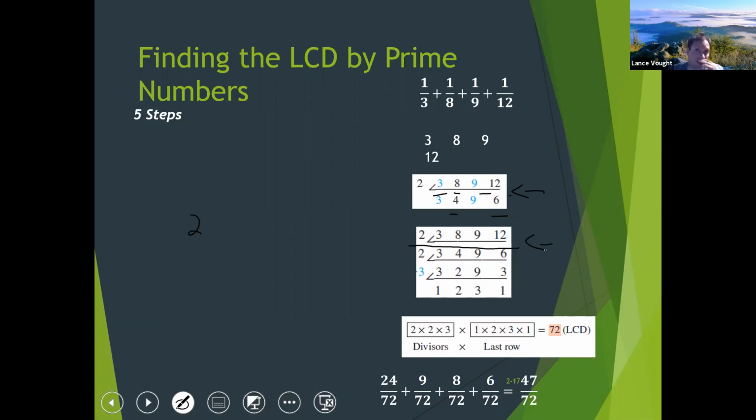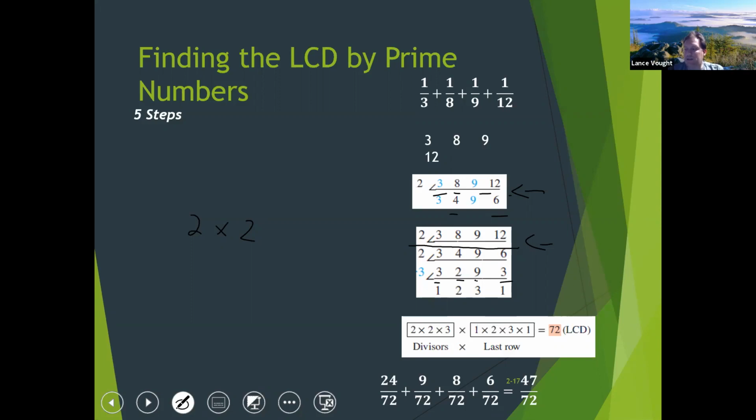I try to divide those by 2 again. And so I put a 2 here as well, because we end up converting this down to 2 and this down to 3. This is still 3. This is still 9. Well, what if we divide these by 3? Because 3 is also a prime number. None of these are divisible by 2 except the 2 itself, so we're going to leave that one alone.